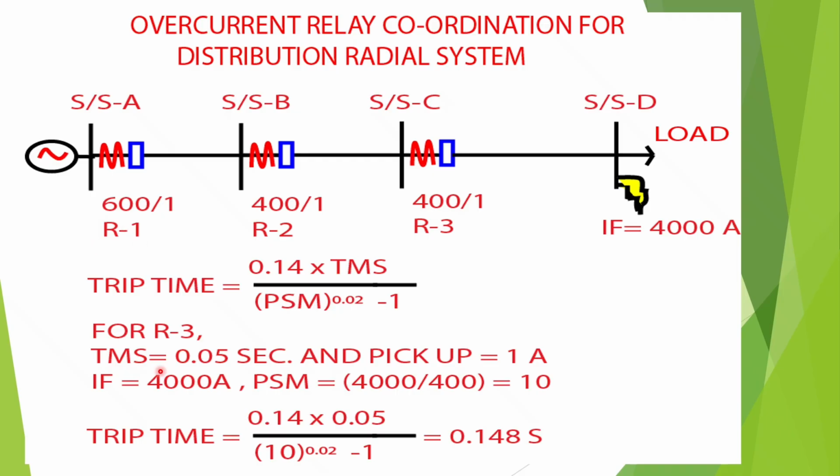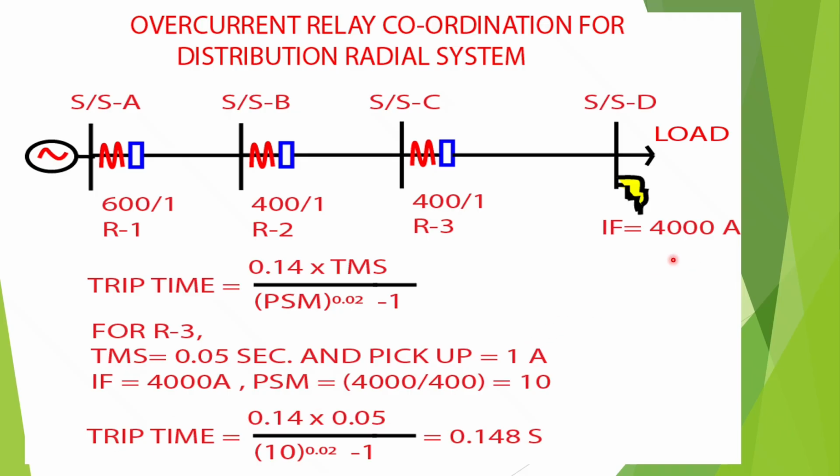Let us choose the TMS for relay R3, which is connected at substation C end, as 0.05 second. The CT ratio is 400 by 1, and the relay pickup is set as the full load of the CT current, that is 1 ampere in terms of secondary value or 400 ampere in terms of primary value.